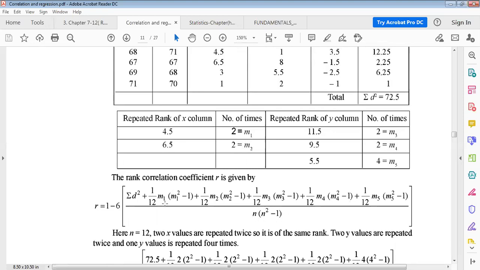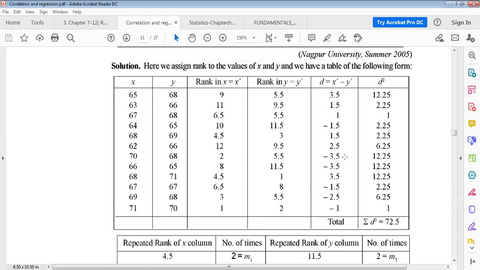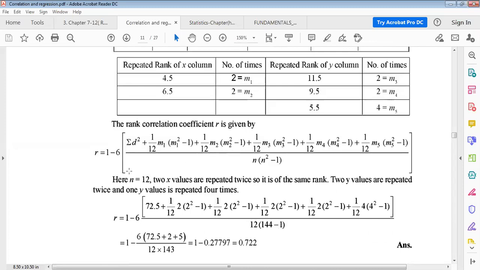Now putting in M1, M2, M3 and so on, and summation d square from the last column, the sum of this. The difference between the ranks is given by d, and squaring it we get this, then taking the sum.